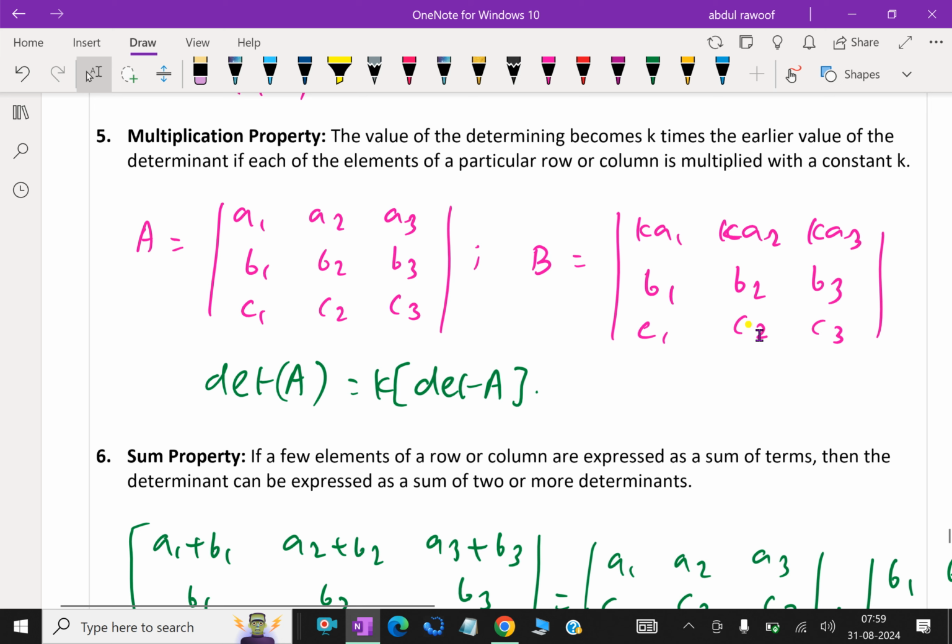If the second row and third row are the same, then determinant of B is equal to k times the determinant of A. That is, the k is taken out.